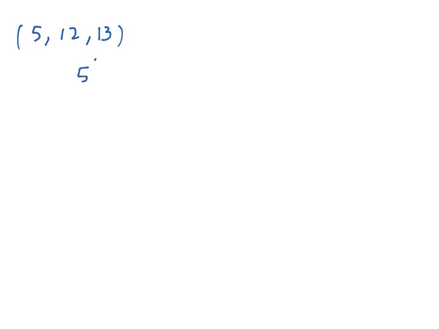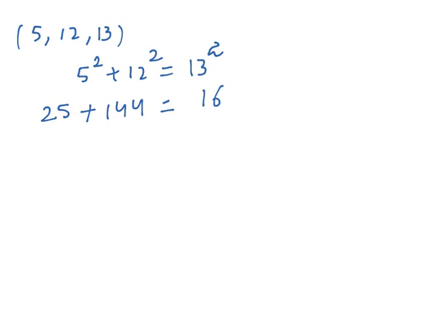So in that case 5 square plus 12 square should be equal to 13 square to be the Pythagorean triplets. So 5 square is 25, 12 square is 144 and 13 square is 169, and if we add 25 and 144 it will give us 169 only. So it means these are the Pythagorean triplets.